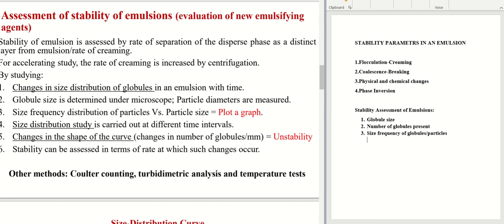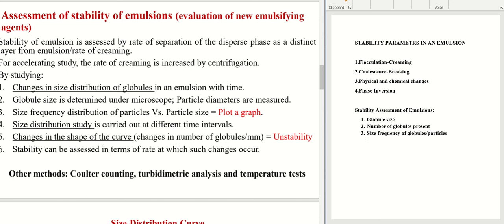If the globule size is small in the beginning of the study and increases during the study, it represents fusion of globules, which in turn reflects the instability reaction happening in our emulsion. So we can decide whether the emulsion will be stable enough within a given shelf life or not.